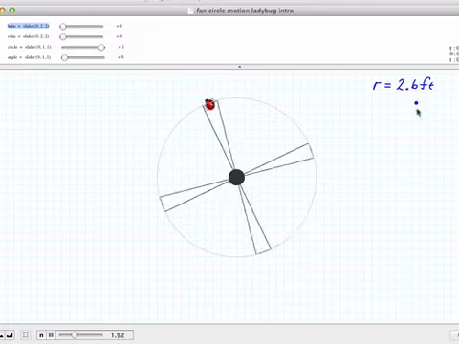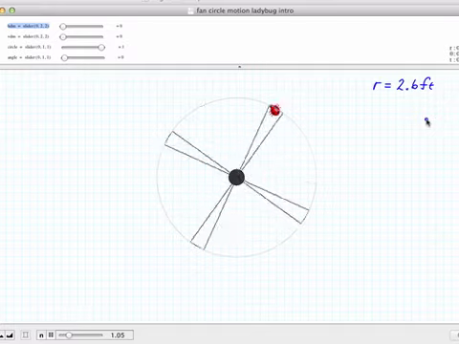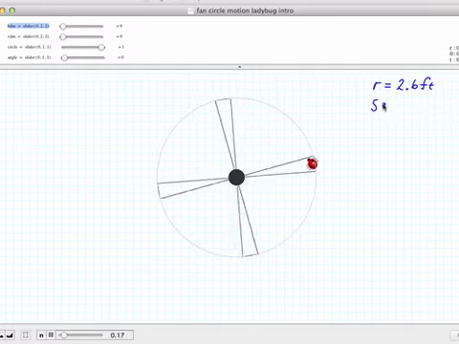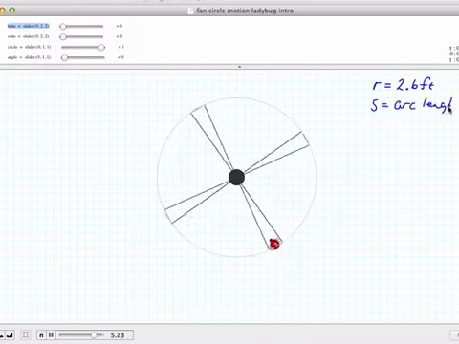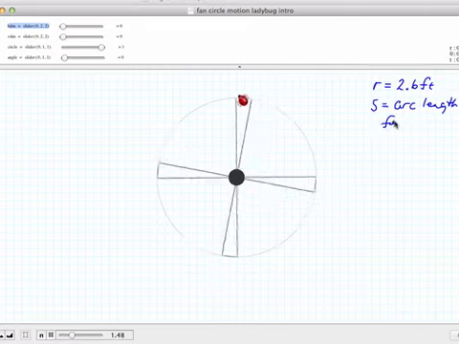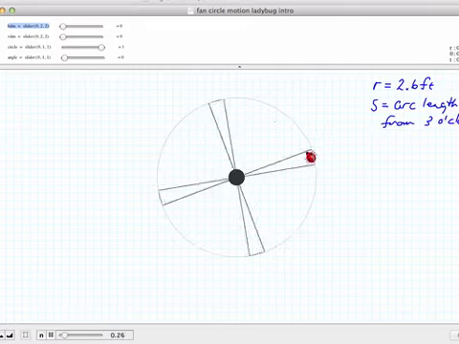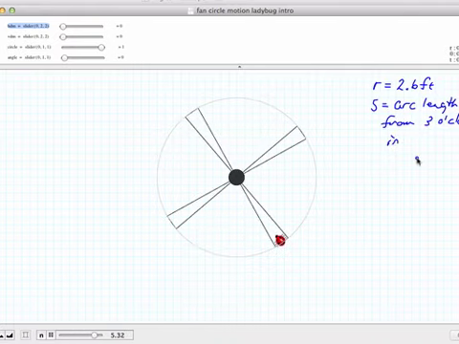What other quantities will help us track the position of the bug? Arc length. So, arc length from where? From 3 o'clock in? Arc length isn't in radians.